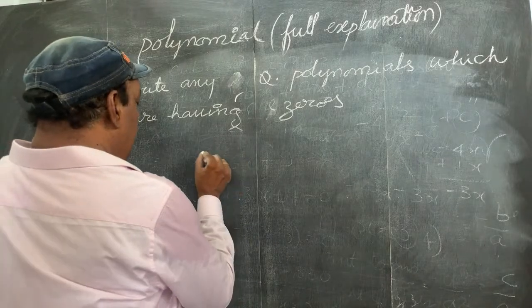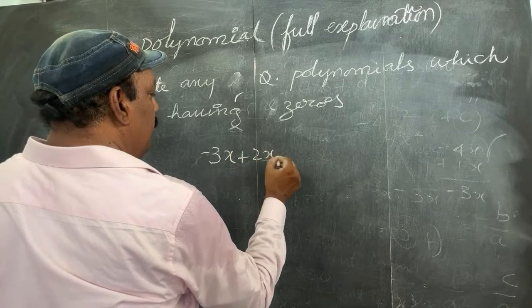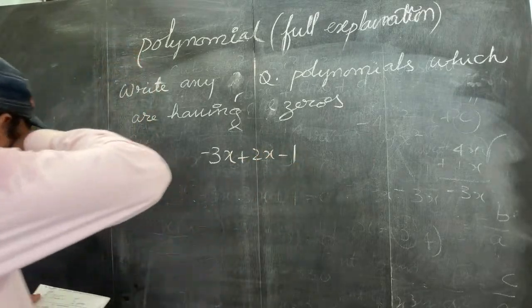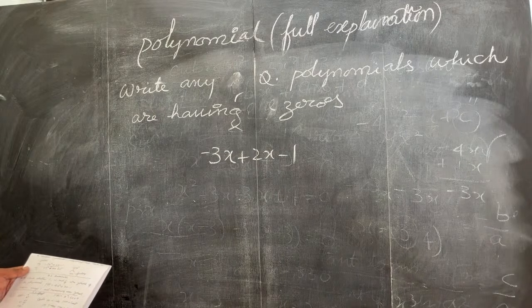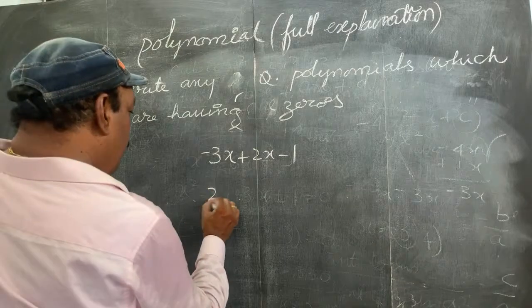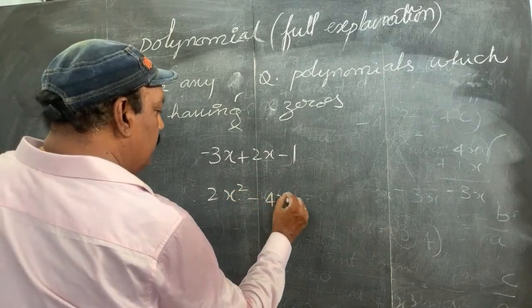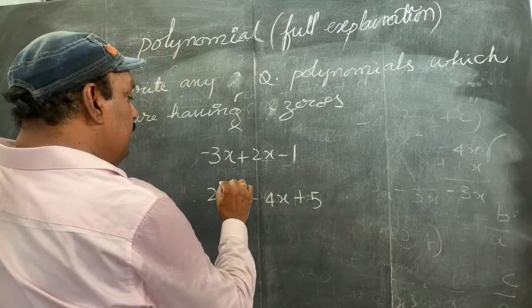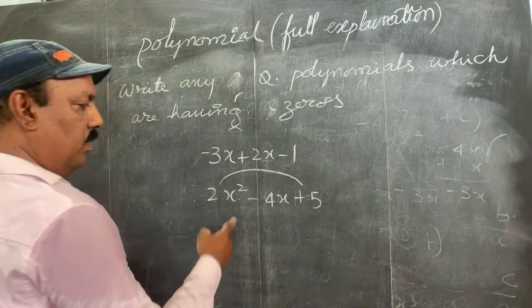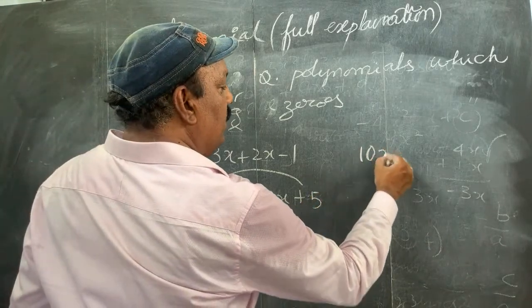Here you can see minus 3x square plus 2x minus 1, which is not having any zeros here, and another one is minus 2x square, 2x square minus 4x plus 5. Now you can see, multiply these two: 2x square into 5, 10x square you will get.